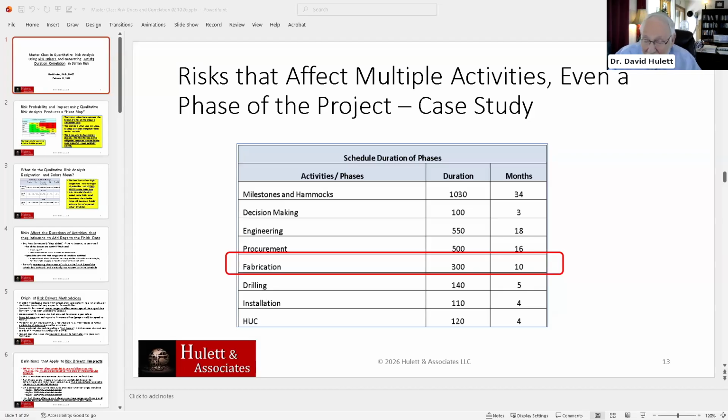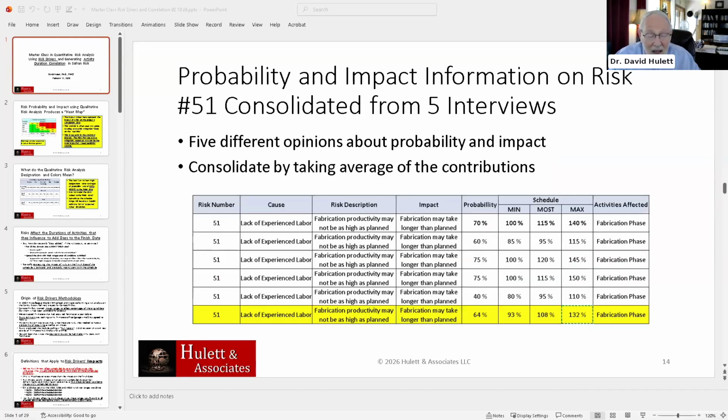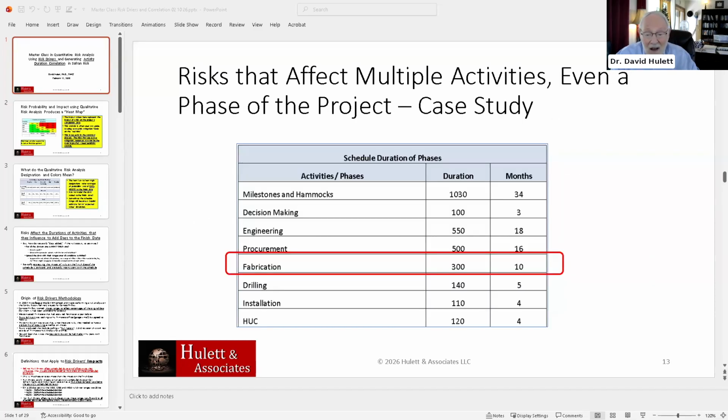And pessimistically, with everything going crazy, instead of 10 months, it'll be 16 months. Now that person is indicating risks to all those activities that ultimately have 10 months, 12 months, or 16, whatever I just said. Okay, now, well, that's interesting.